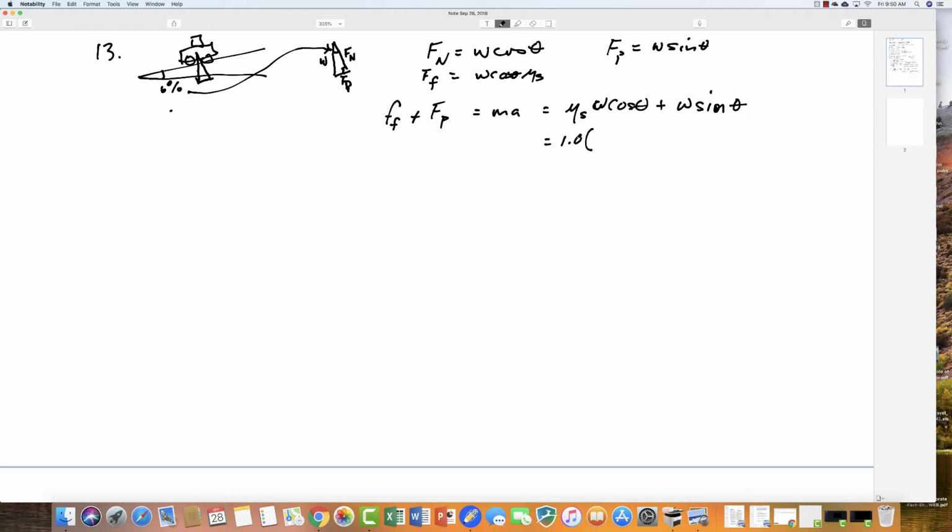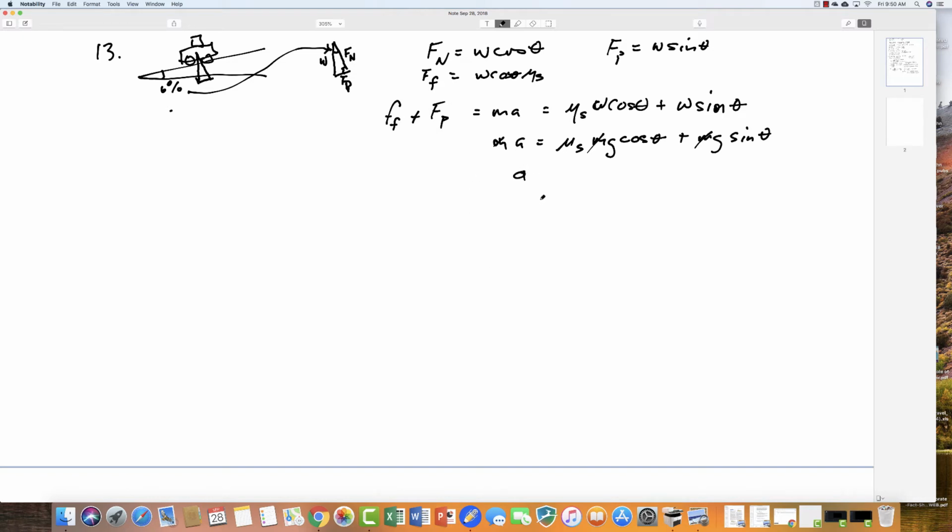Now, actually, something I need to do here before I put numbers in. Because as I was thinking about this problem initially, I was thinking they didn't give the mass of the car. Well, here's why they didn't give the mass of the car. If you take ma equals mu s times mg cosine theta plus mg sine theta, and notice that m is in all three parts of the equation.